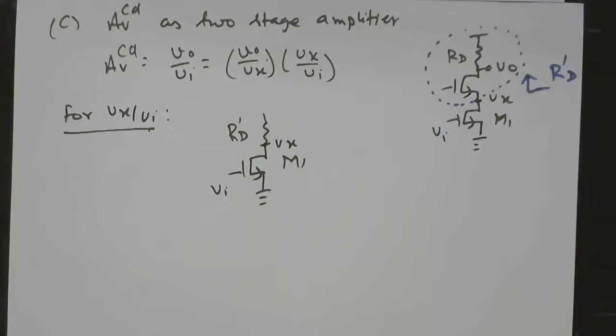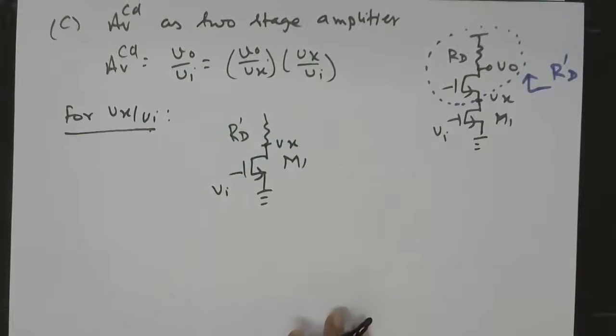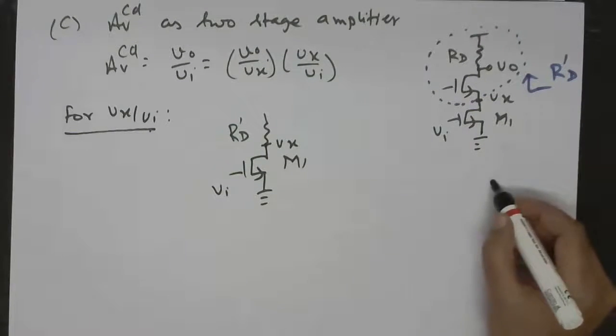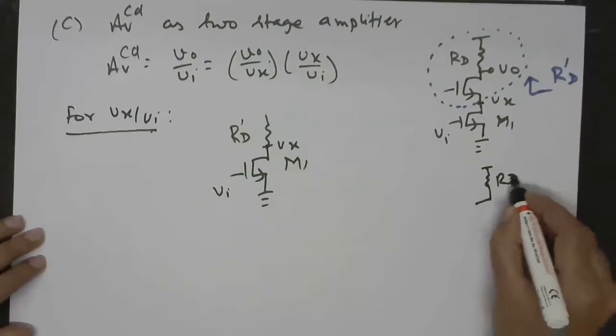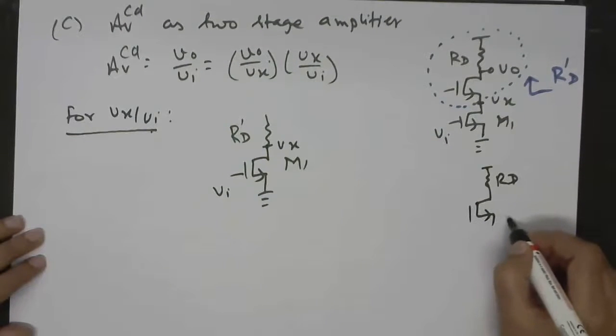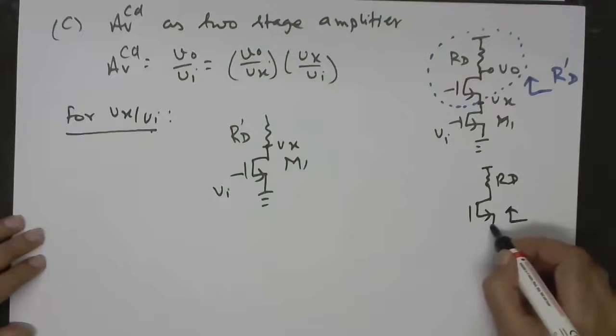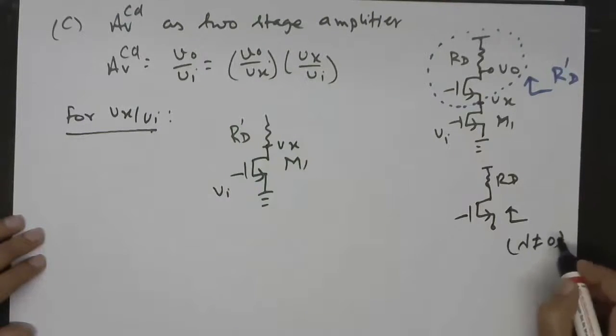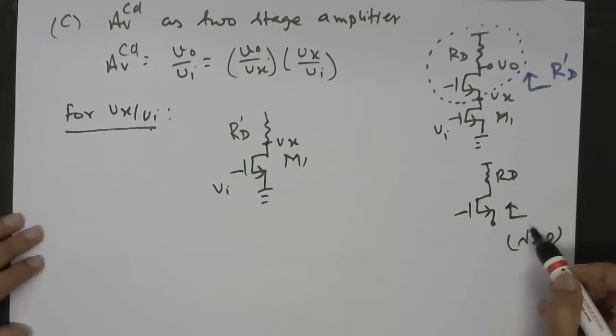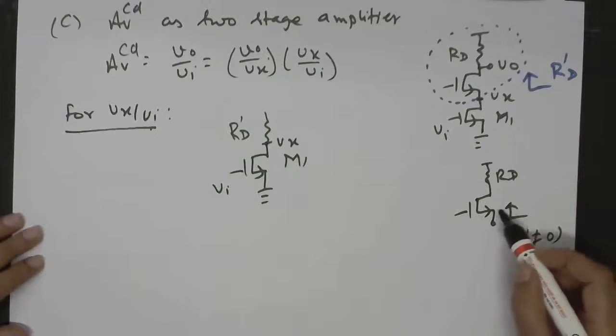So the question comes, what will now be the Rin in this scenario. If you take a MOS like this and look into its source, for lambda equal to 0, this will be simply 1 by Gm.